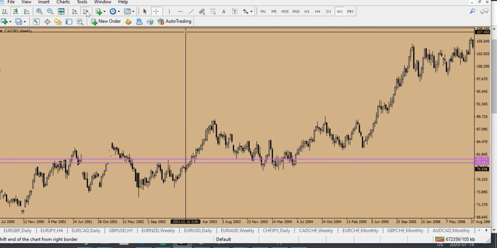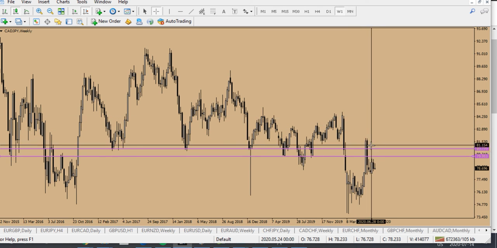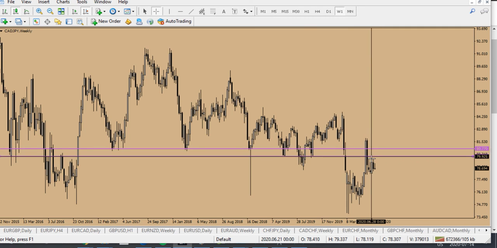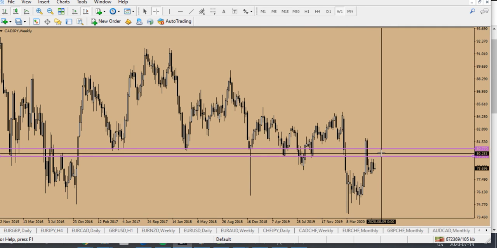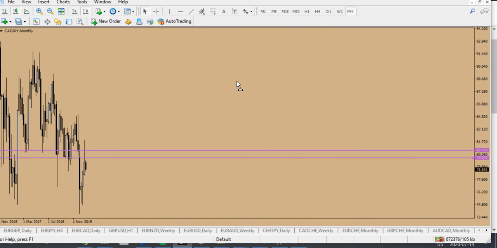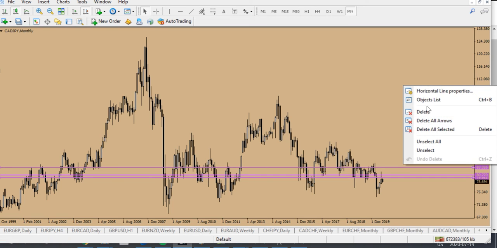So if you look at the level where you may consider entering in the trades, I would probably take a small trade in that area. A stronger sell would be taken in that area.